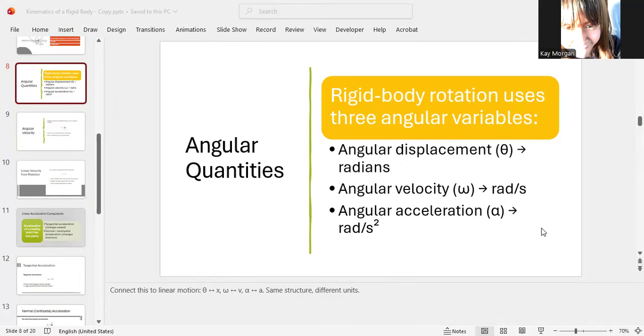The last angular quantity or variable is angular acceleration. The third quantity, angular acceleration, we represent using another Greek letter, called alpha.